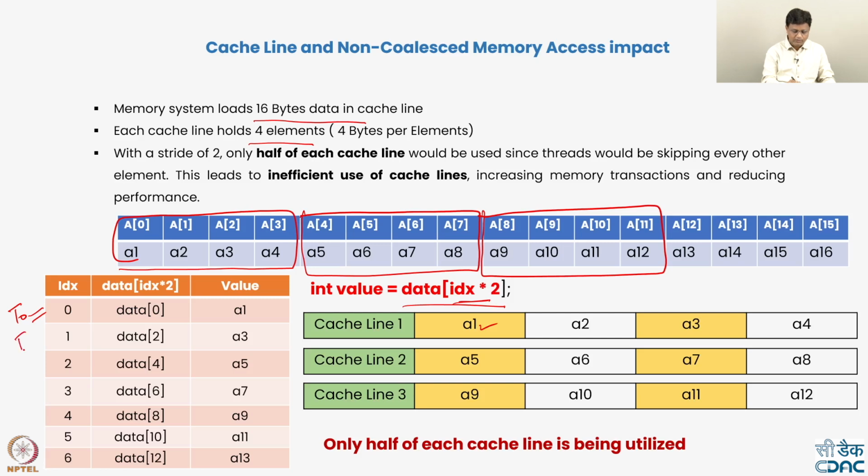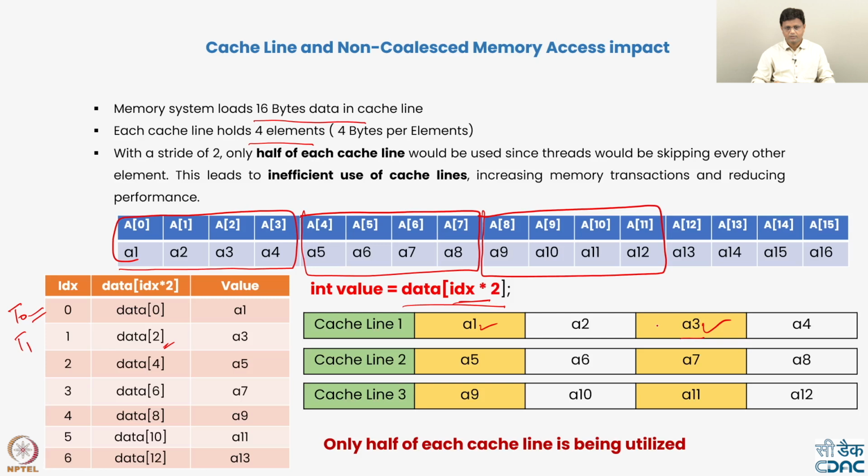And thread 1, which is also handling some element that is present at the data 2 position, which is A3, that data is also prefetched, or you can say that data is also available in the register, and it was fetched in the first cache line access only. So, in this case T1 does not have to go to the memory or bring the data through the various cache channels. The data is readily available for it.